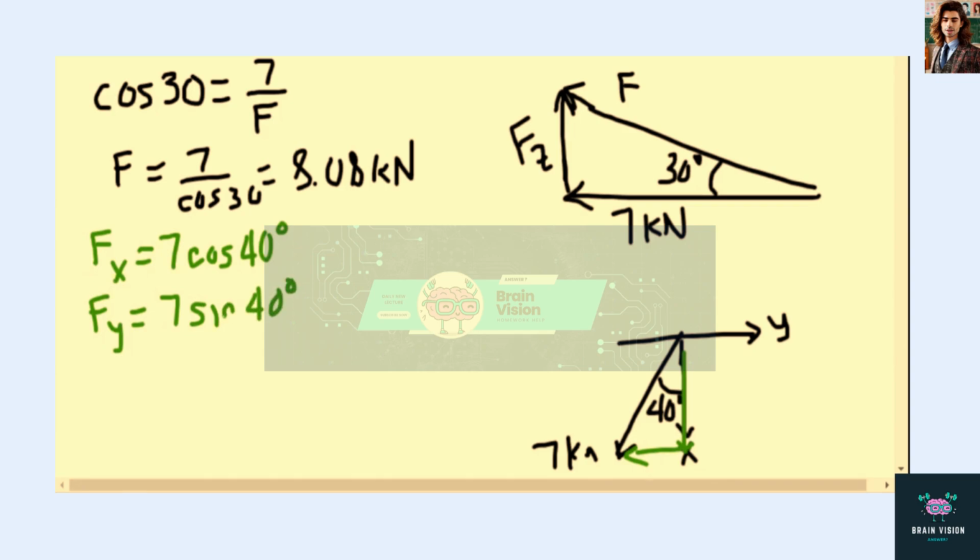The force in the Z direction we can see from above is, well, let me think about this. Tangent of 30 equals F sub Z over 7. So F sub Z would be 7 tan 30.